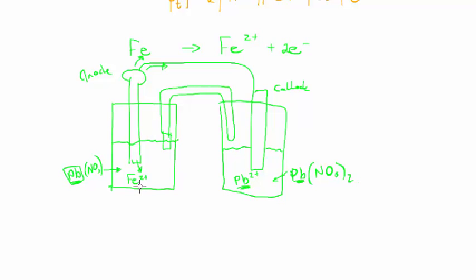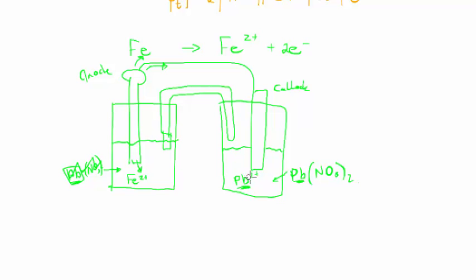Remember when you said that the iron is giving away the electrons? So Pb is collecting the ones that iron is giving away. Yes, that's what's happening on this side. The electrons are coming all the way from here to here.